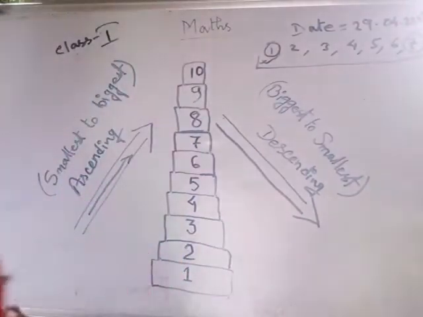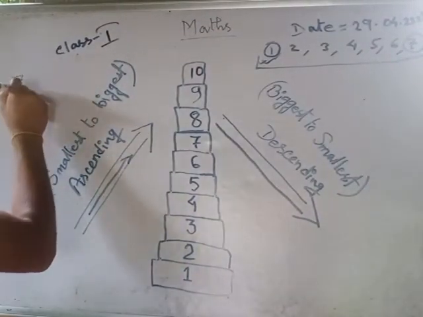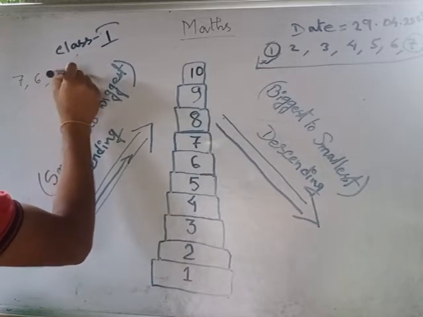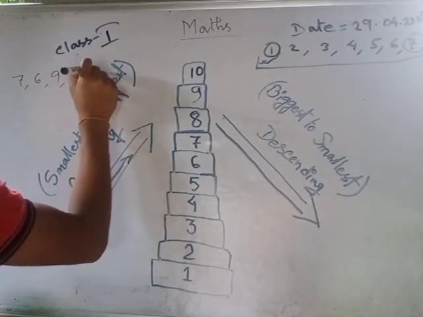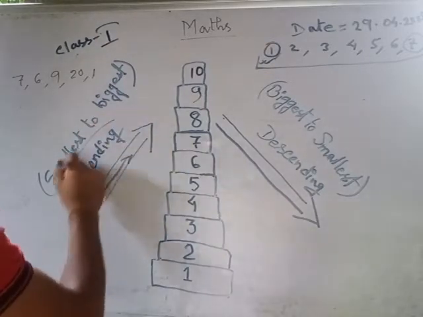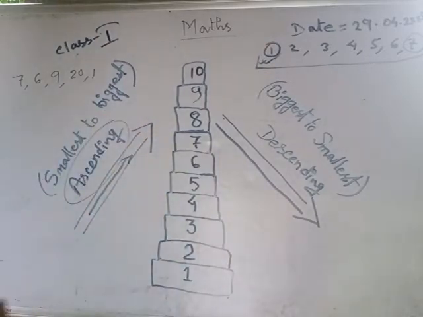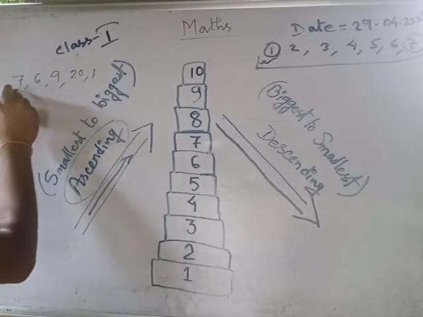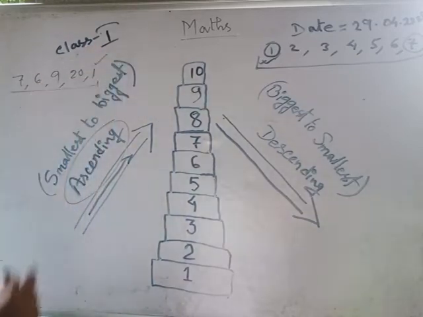Suppose it is 7, 6, 9, 20 and 1. If we should write here the ascending order, then we should write the smallest number first. Which one is the smallest? 1. Start from 1.